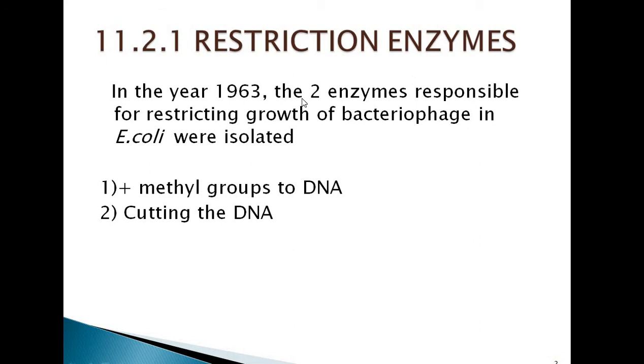In the year 1963, the two enzymes responsible for restricting the growth of bacteriophage in E. coli were isolated. I hope you understood why I have written E. coli in italics. If we are writing any scientific name, it's a rule that the first letter of the genus name should be capital, and the species name should be in small letters.